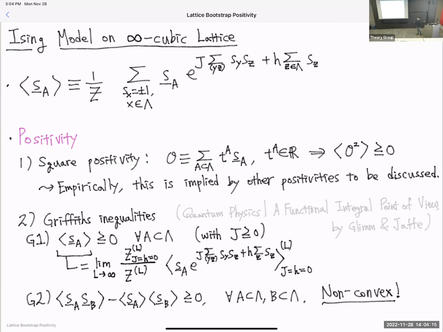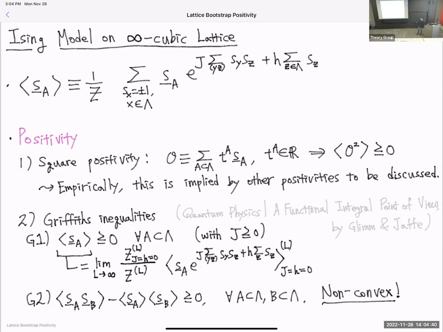The second Griffiths inequality requires more steps to prove. I'm not going to provide you with the proof. But it's roughly the following statement. Consider A and B, which are subsets in your lattice. First, you take their product and then take the expectation value. Second, you take the expectation value of each of them and take the product.